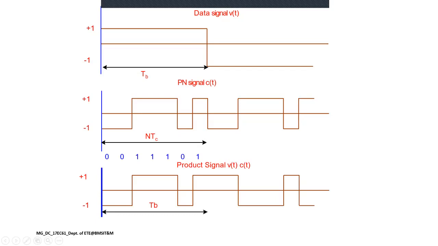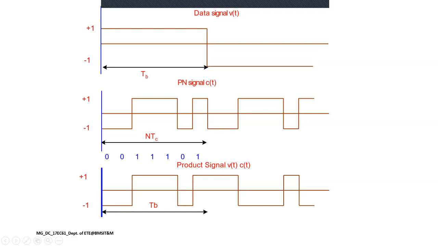So here, what you can understand is, this is my information bit, I said it is 1, and the next bit is 0. Here my pseudo noise sequence, I have taken, is 0 0 1 1 1 0 1. The width of the pseudo noise sequence bit, I call it T_c, that I say is a chip interval, and T_b is the bit duration.